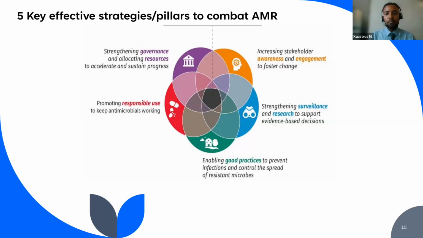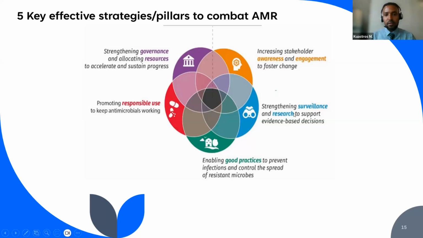So this is one of the pillars. And the second pillar is increasing stakeholder awareness and engagement. The stakeholders of AMR are many: the human health sector, animal health sector, environment sector, policymakers. So many stakeholders are involved. So we need to increase the awareness and their engagement for a better change.